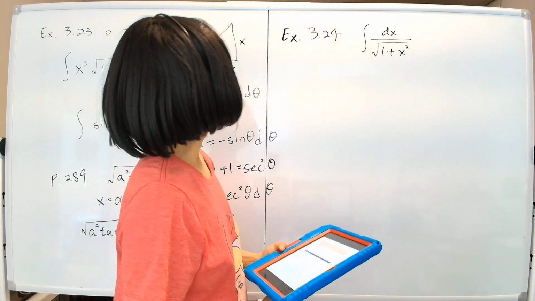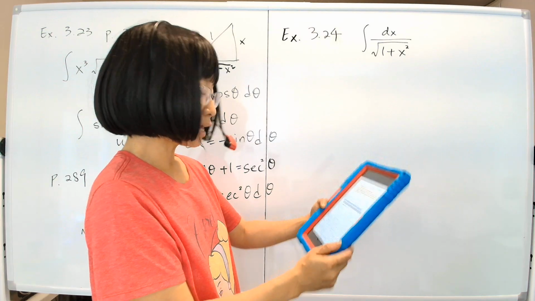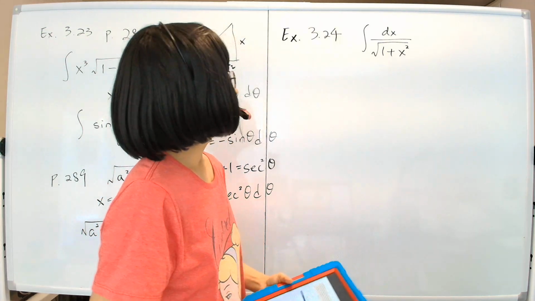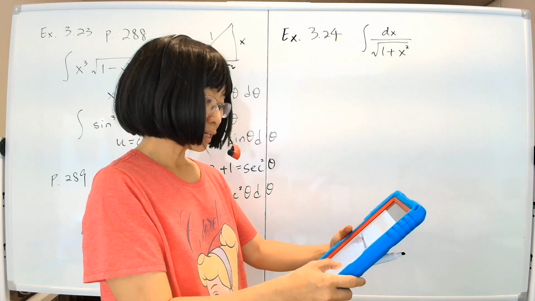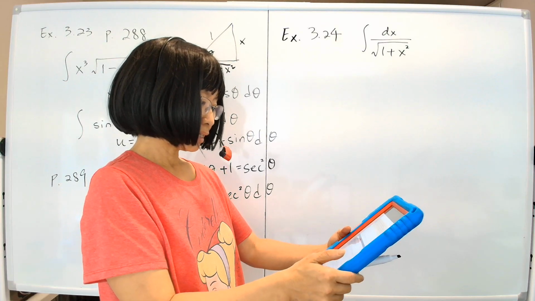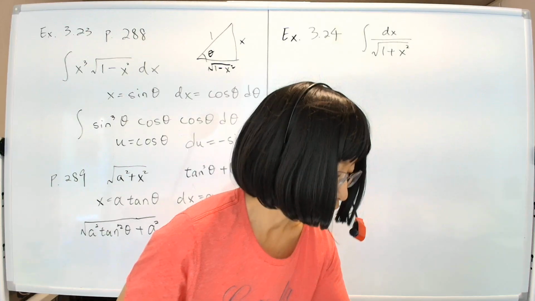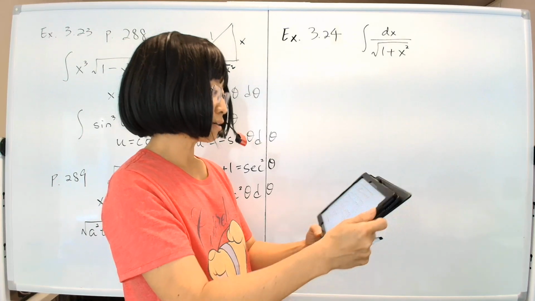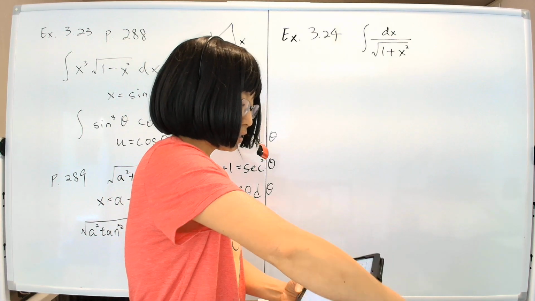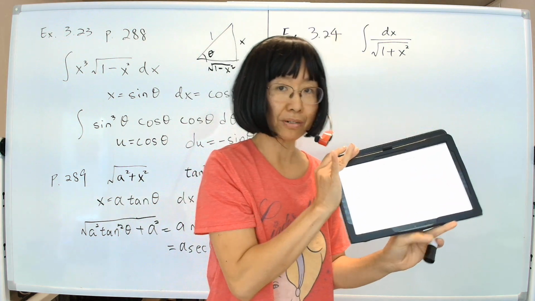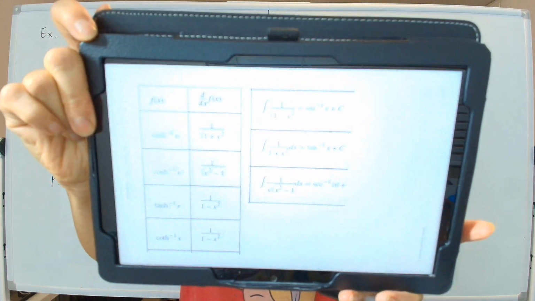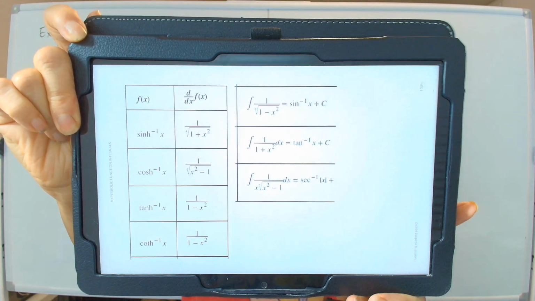In example 3.24, we are looking at the integral of 1 over 1 plus x squared, which is what? If you remember this from Calculus 1, we did this in Calculus 1. If you don't remember, you probably won't, because I sure didn't. Anyway, but I remember something like this.